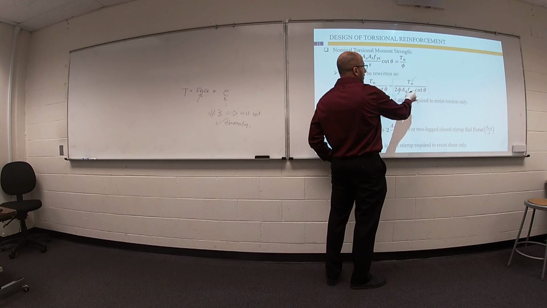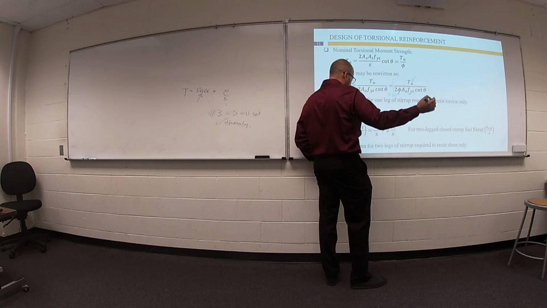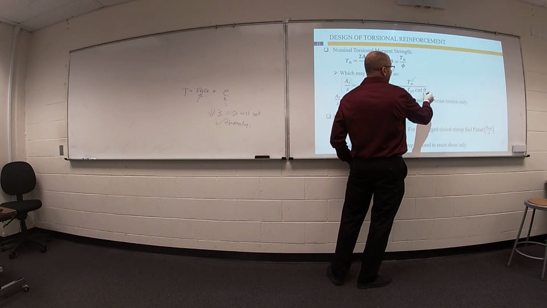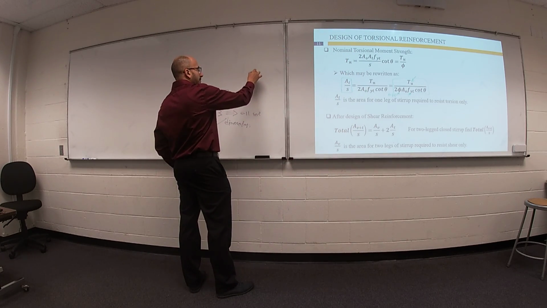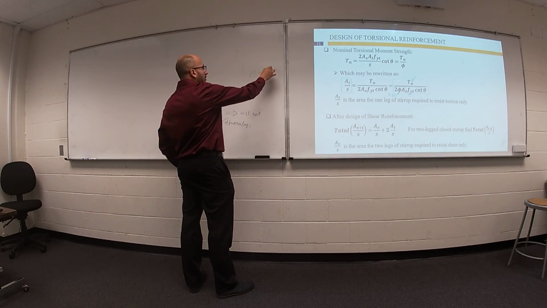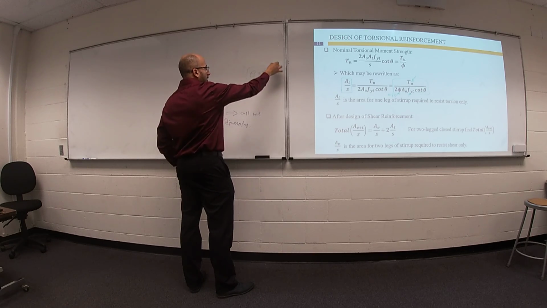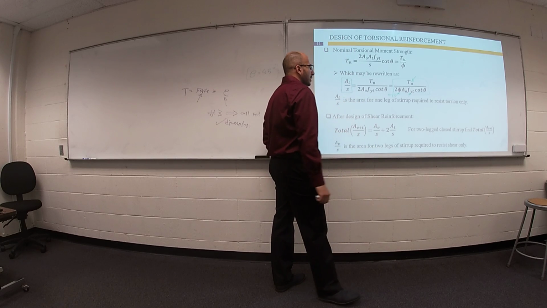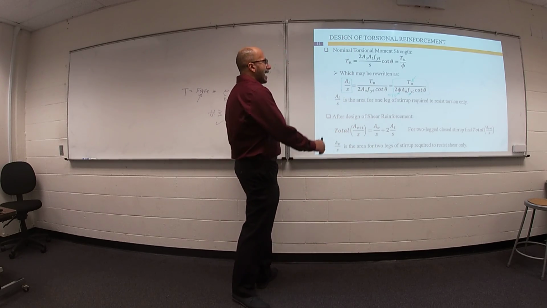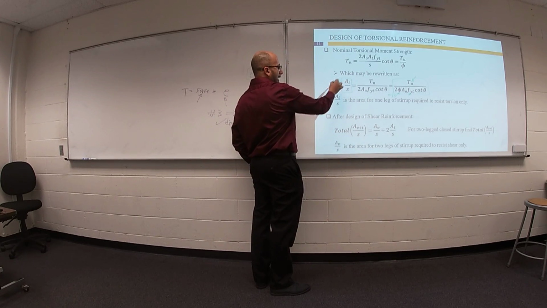What is the yielding stress of steel for stirrups? Cotan theta. Your angle theta in shear or torsion will be 45 degrees. So cotan is the inverse of tan. So I can calculate AT over S.